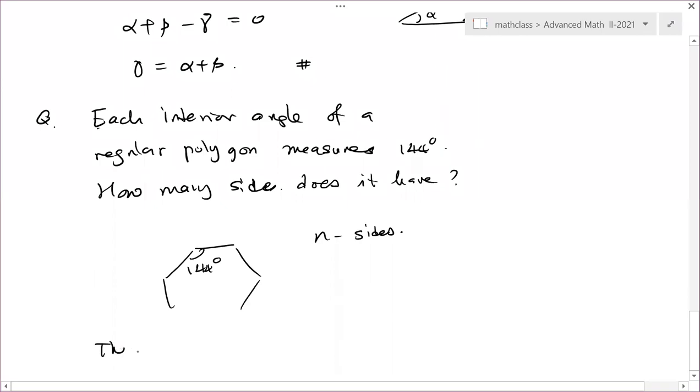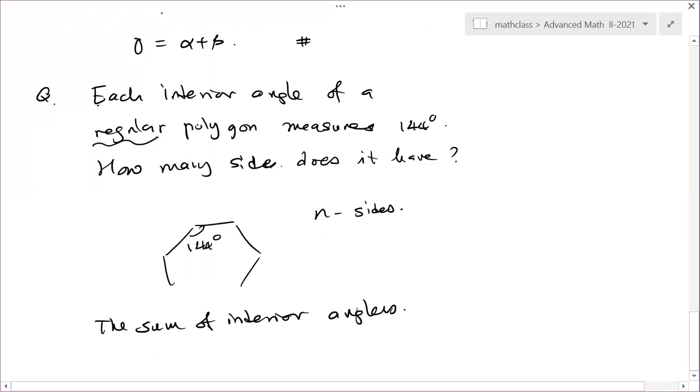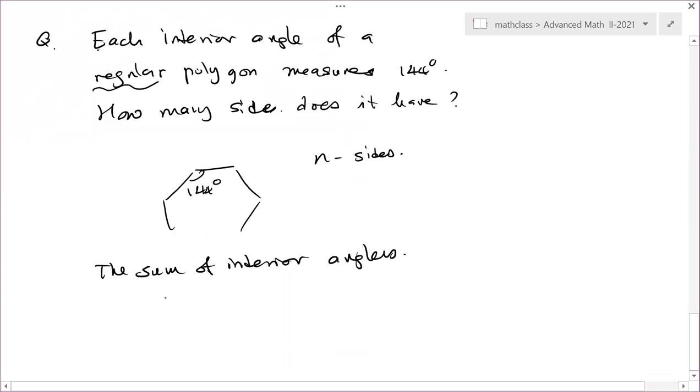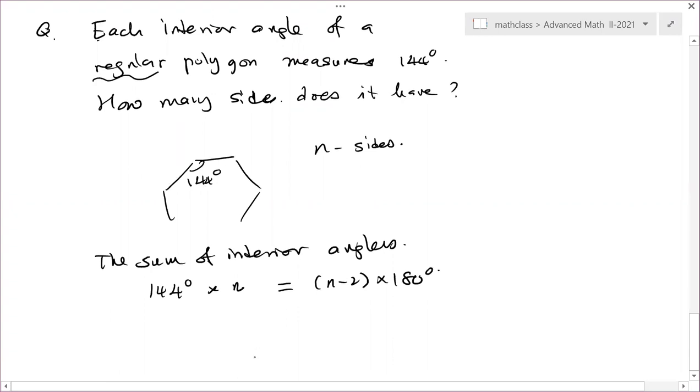So the sum of the interior angles, because it's a regular polygon, means all the angles are the same. So I have 144 degrees times n, because you have n angles of the same measurement. And on the other hand, by the formula, it is going to be n minus 2 times 180 degrees. So now you have to solve for n.